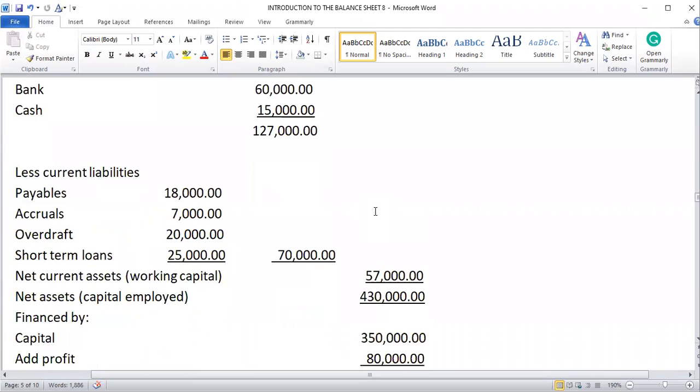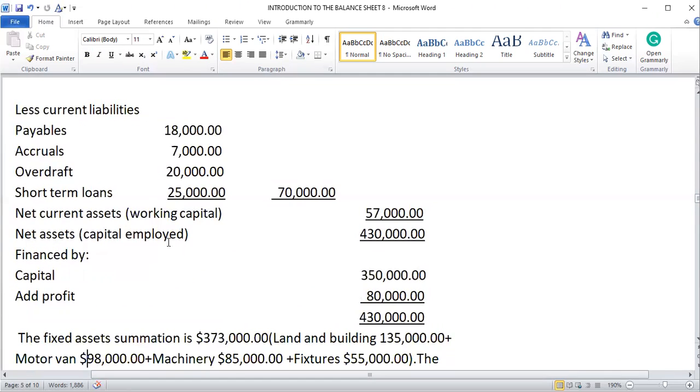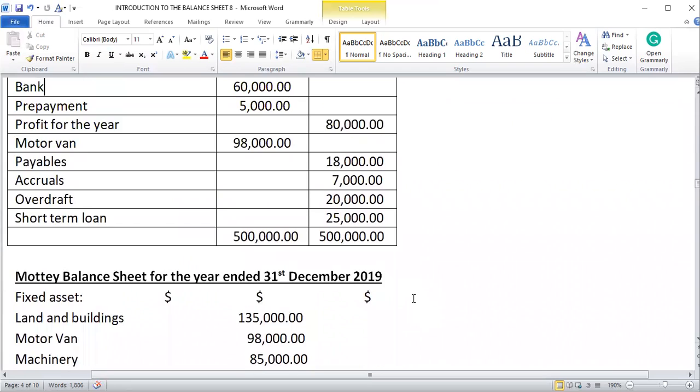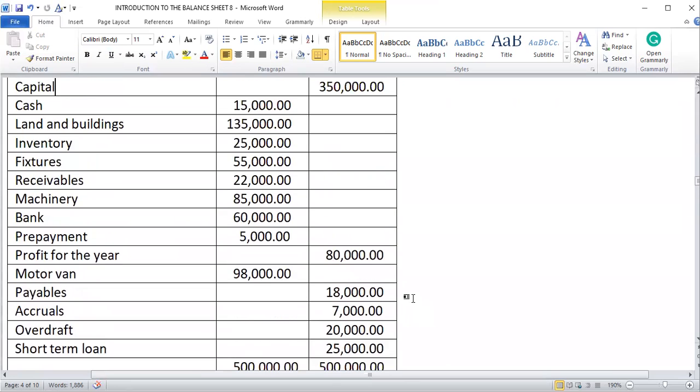of what? We get a capital employed of $430,000. This is funded by the owner's contribution, $350,000, and profit, $80,000.